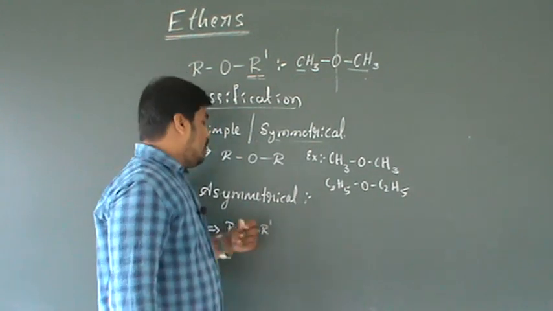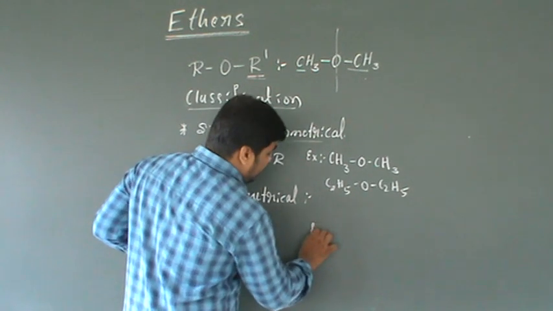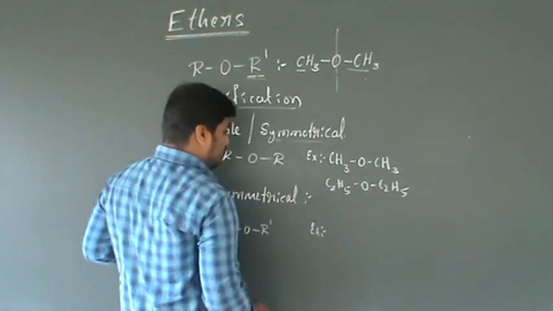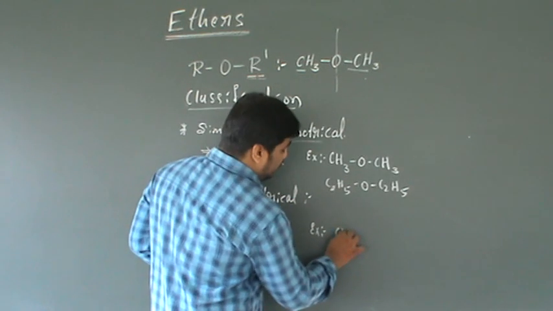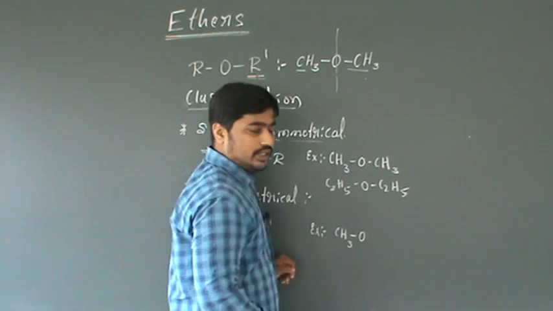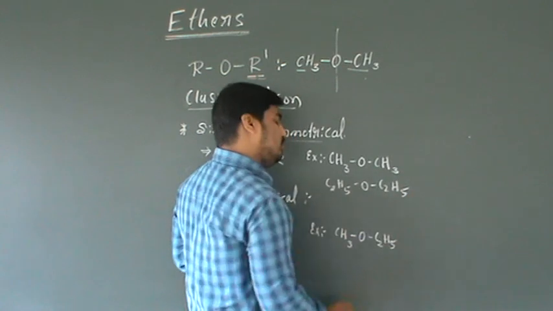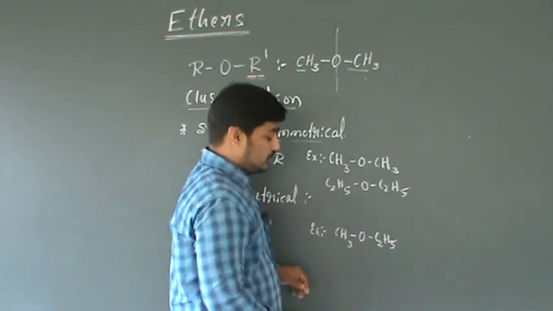An example for asymmetrical ether is CH3OC2H5: on one side a methyl group is substituted and on the other side a different group, C2H5.